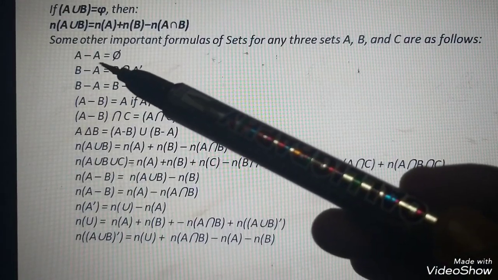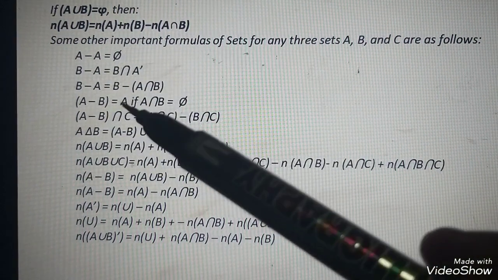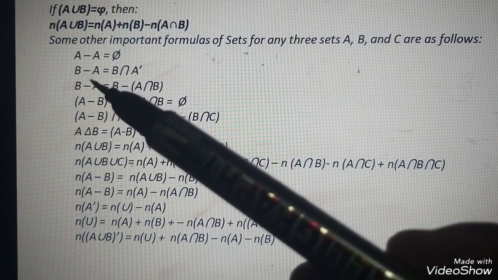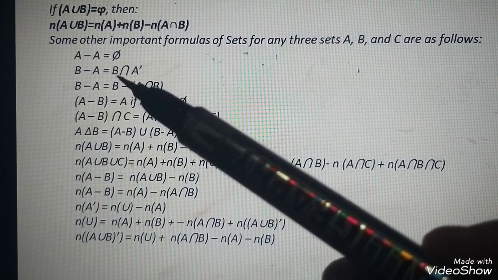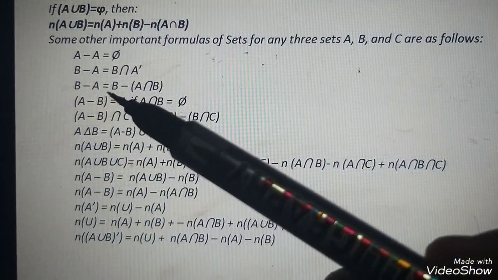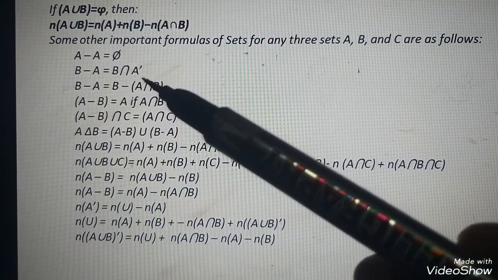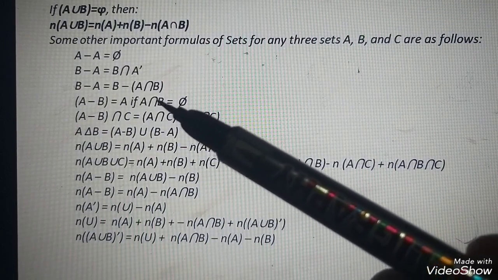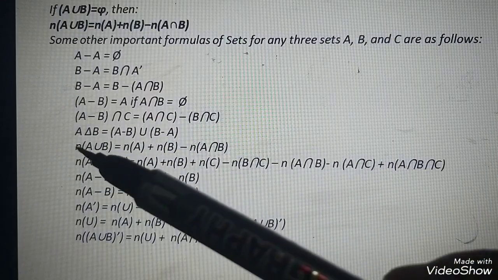A minus A is not 0, it is the null set phi. Next, B minus A means from B we subtract A, that is, B intersection A complement. Also B minus A can be written as B minus A intersection B. A minus B is equal to A if A intersection B is equal to the null set.